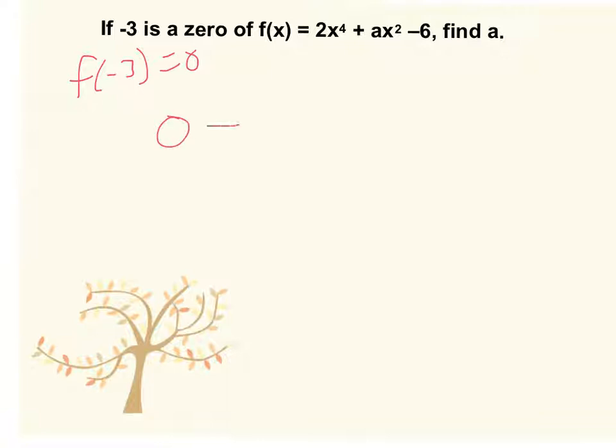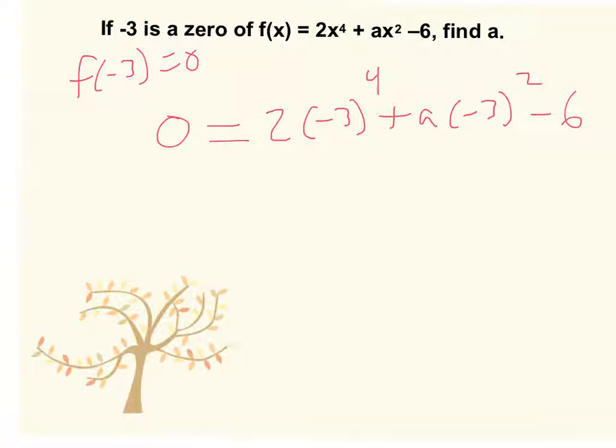So if I set f of x equal to 0 and then put -3 in for x, the only variable or unknown piece of information that leaves me with is a, and I could work through that.